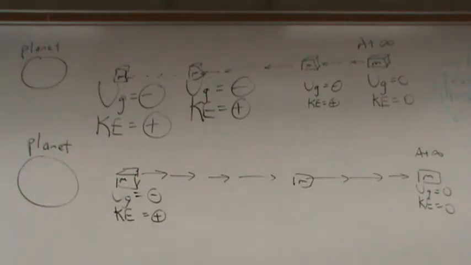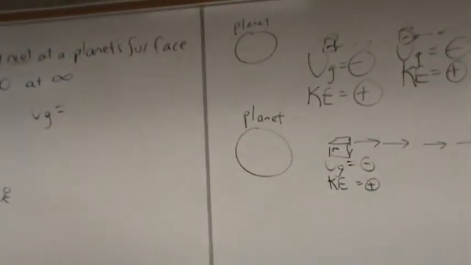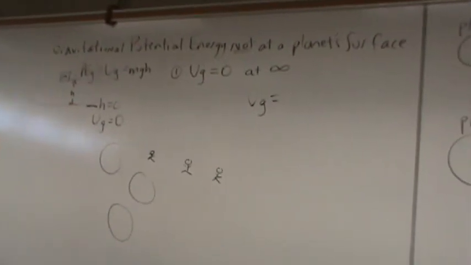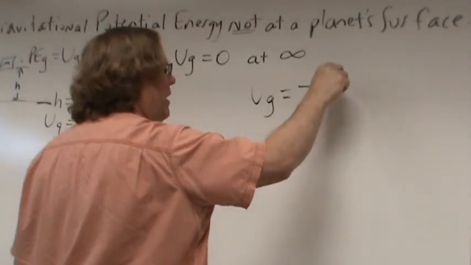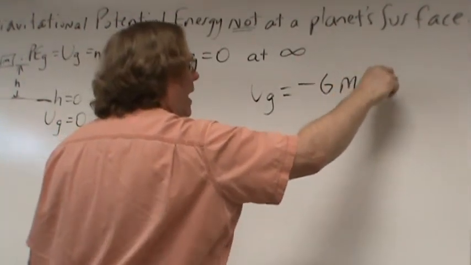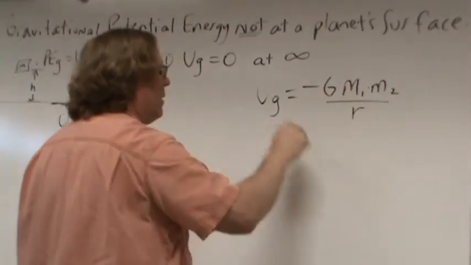It is now time for me to give you the formula for gravitational potential energy, and here it is. The gravitational potential energy for two objects, close to each other but not at a planet surface or whatever. Here it is: negative G m1 m2 over r.